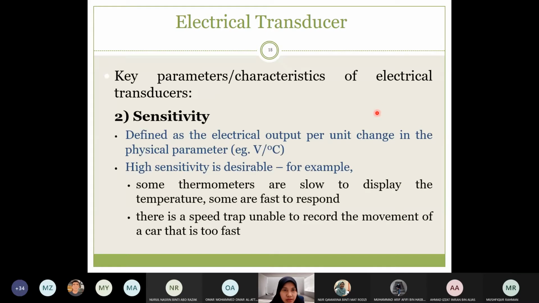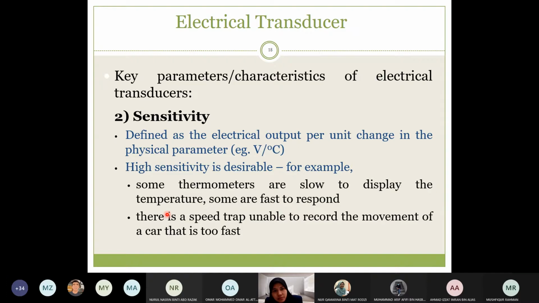Okay, the second parameter or characteristic of a transducer is sensitivity, defined as the electrical output per unit change in the physical parameter. High sensitivity is desirable. For example, some thermometers are slow to display the temperature and some are fast to respond, right?